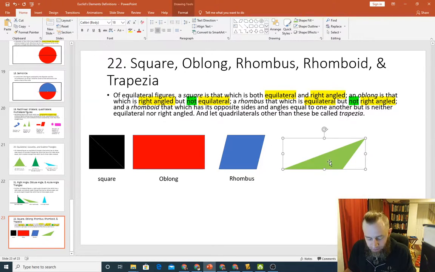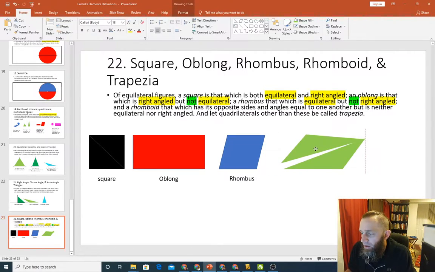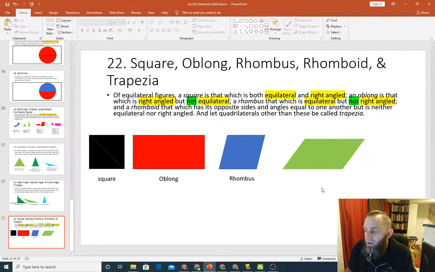So now what I'm going to do is copy it, paste it, and do the same basic dealio I did with my square. Close it up, and there we go. So these are equal.